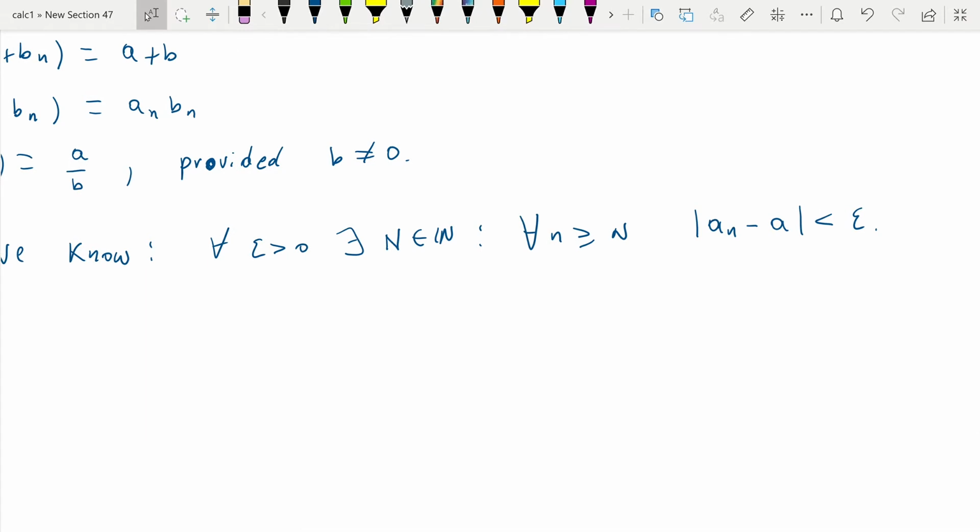This is the actual definition. I mean, the other one is correct, but this makes it actually more clear.